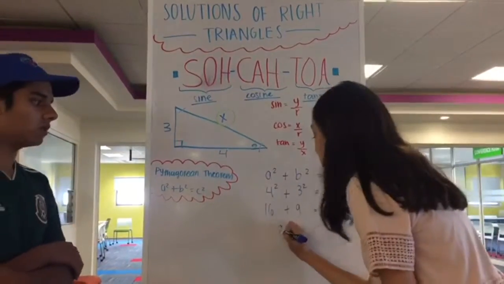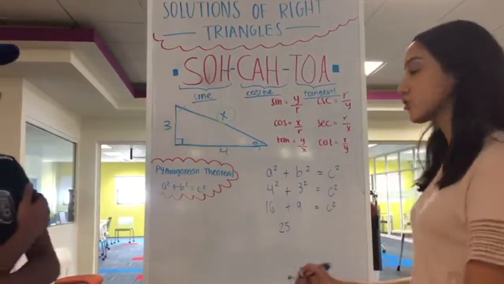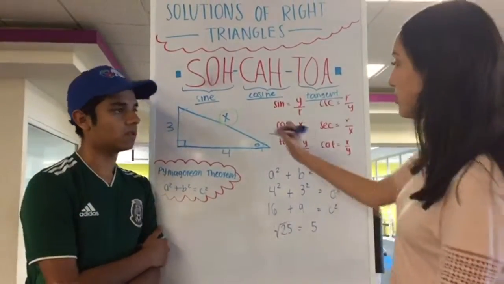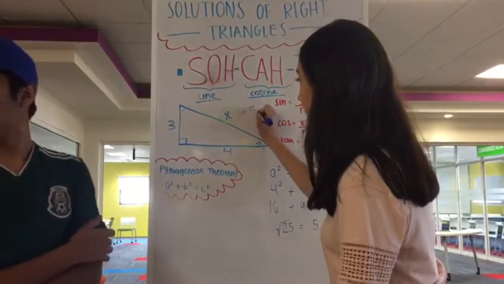This will give you 25, and then you have to get the square root of this number, which will be 5, and 5 will be your missing side.